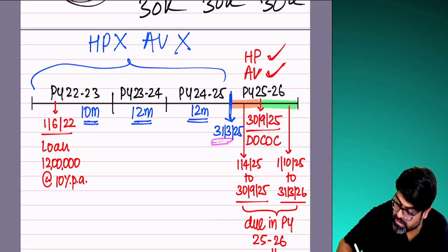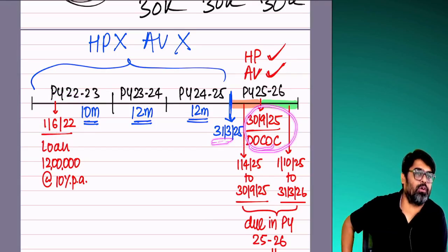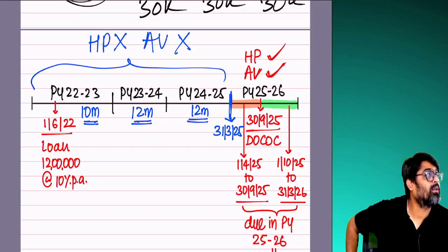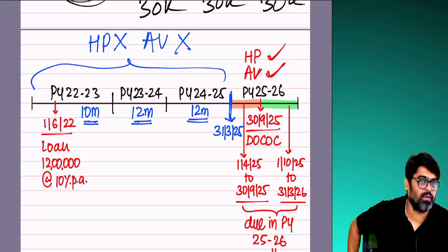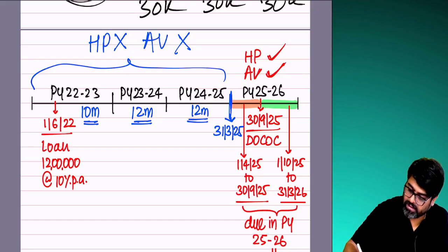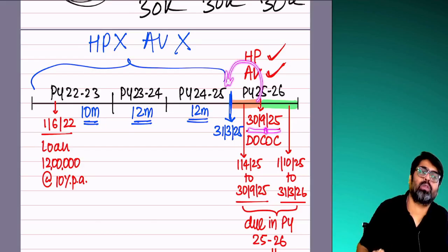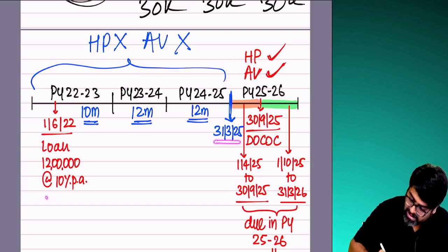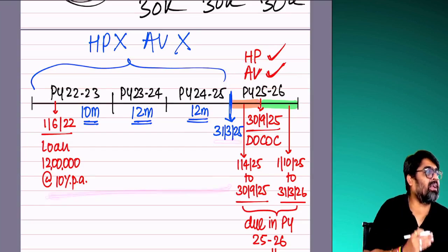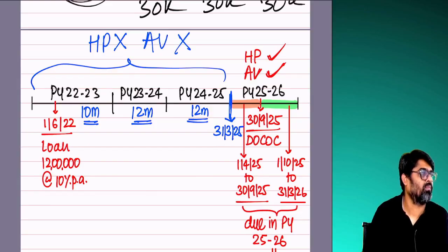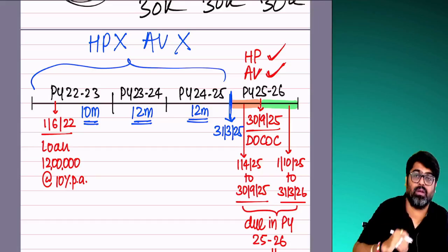The 31st March immediately preceding the DOCOC, the date of completion of construction. What is that date? 30th September. Till that 31st March, whatever interest you have paid was not allowed to you, even if it was interest on housing loan.